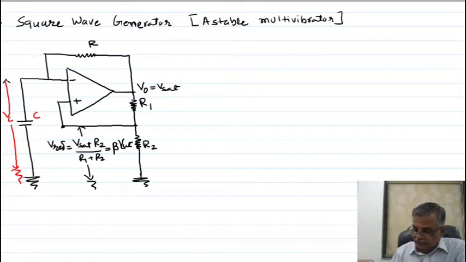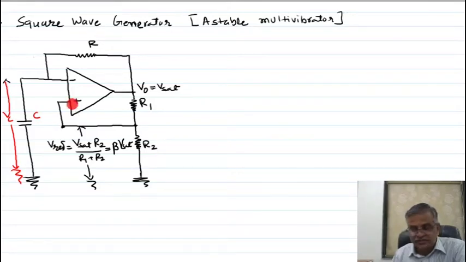Look here. The circuit diagram of a square wave generator using the op-amp is shown in the figure. Here, the reference voltage is given from the potential divider network. The reference voltage is nothing but beta V saturated. The output voltage is fed back to the input through a potential divider network consisting of resistors R1 and R2.